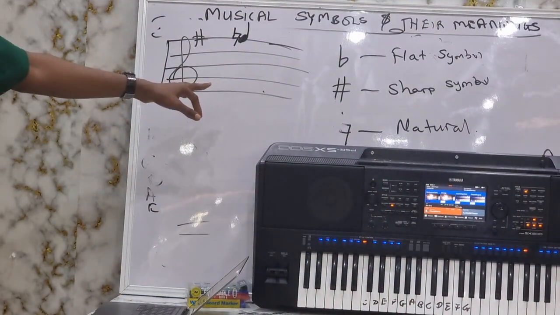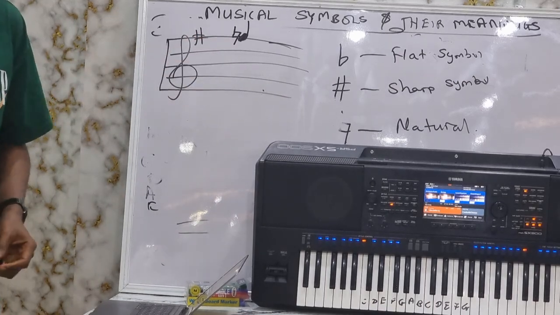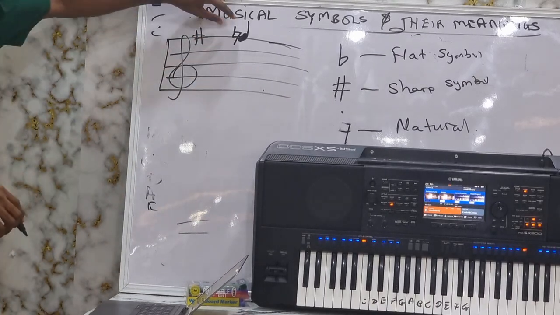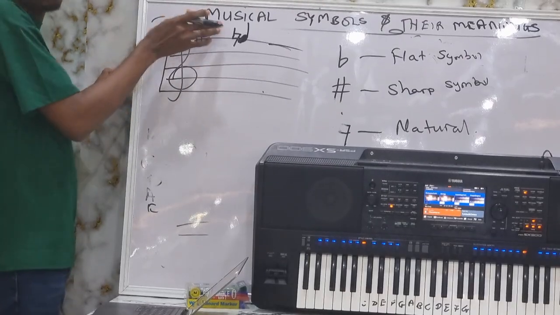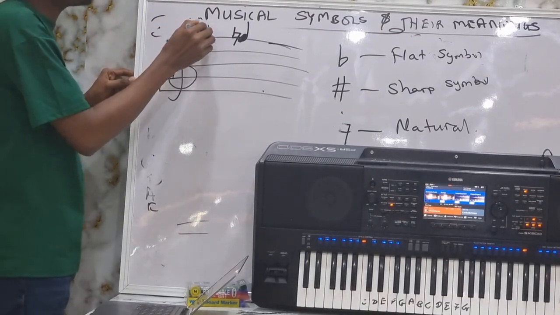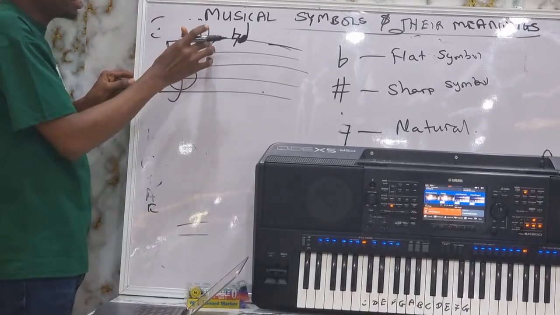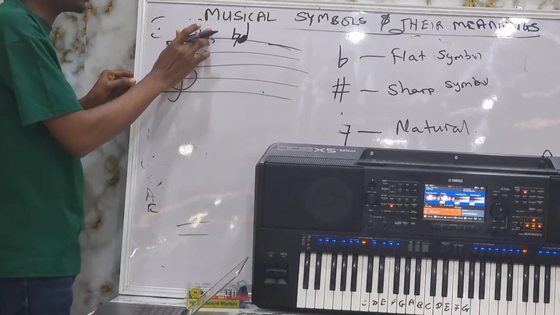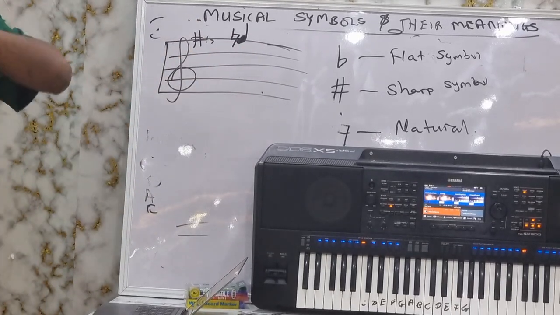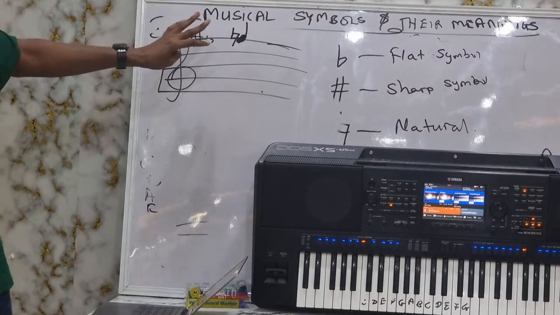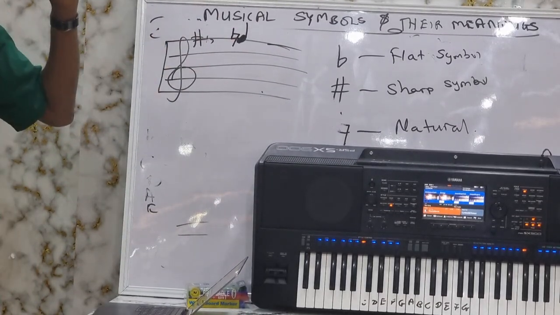On the key of G, like I told you, you will only see this sign here if you have either a sharp or a flat. You understand? That's why I said you cannot see a natural on the key of C. Why? Because there's no flat or sharp there.